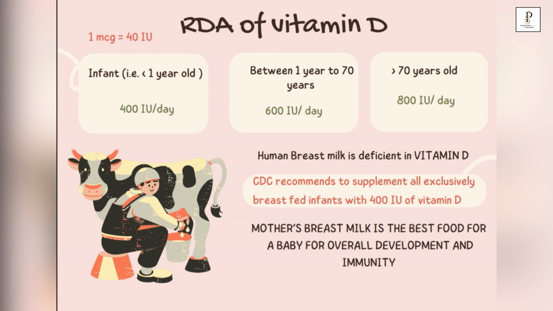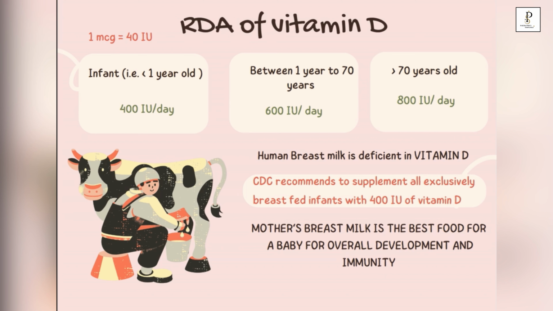Another interesting thing to notice here is that human breast milk is deficient in vitamin D. That's why CDC recommends that all the infants who are exclusively breastfed should be supplemented with 400 international units of vitamin D. For babies who are on formula feeds, formula milk has some amount of vitamin D, so the required amount of supplement of vitamin D should be calculated based on how much formula and at what concentration of vitamin D the child is taking.